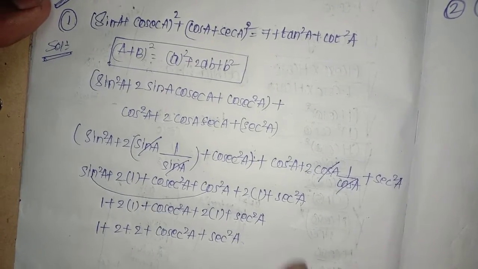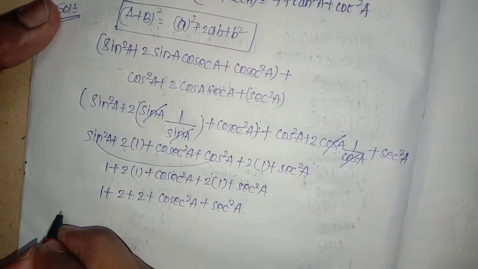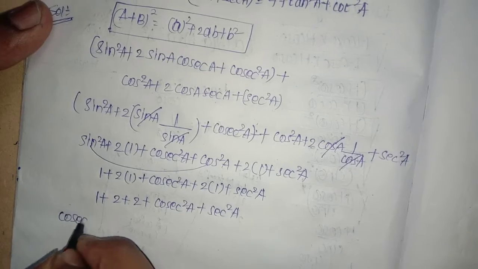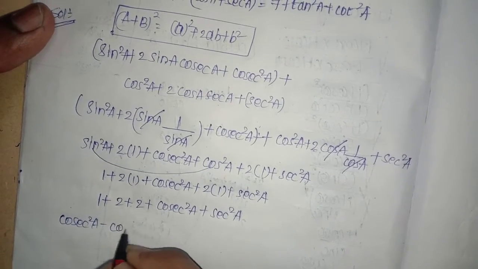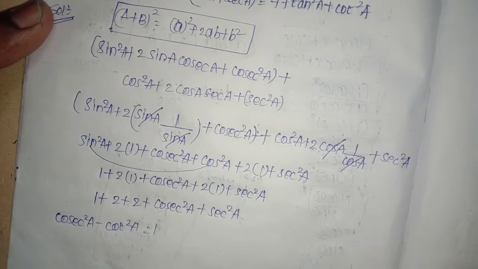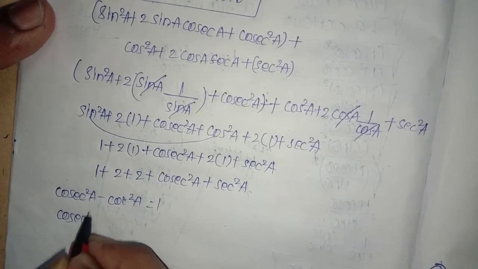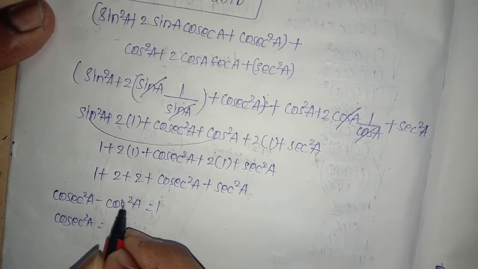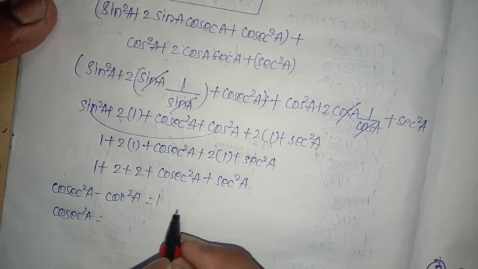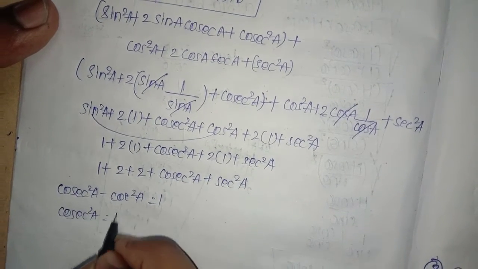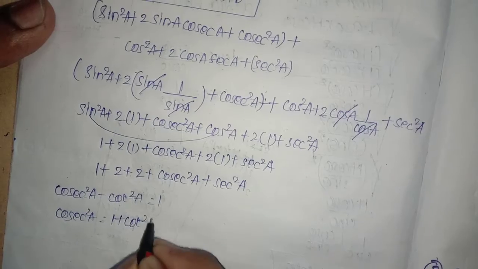We have learned two other identities. Cosecant square a minus cot square a equal to 1. They have asked for cosecant square a, so cosecant square a equals 1 plus cot square a, since the subtraction goes to the other side and becomes addition.